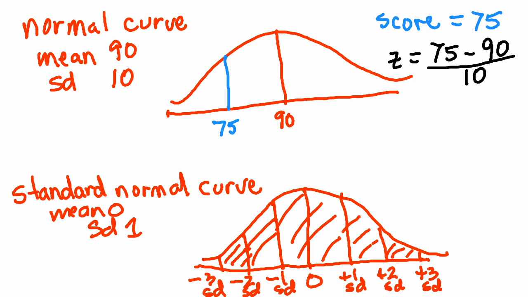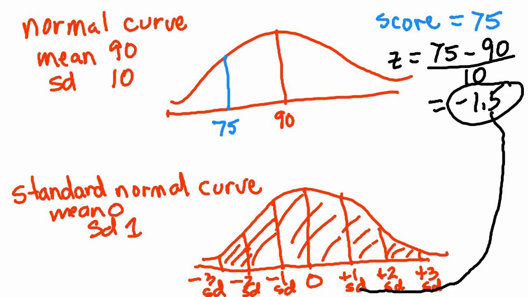So that's negative 1.5. Well, what does that tell us? The negative 1.5 is on the standard normal curve right over here. I can't draw an arrow, but it's between -2 and -1 standard deviations.